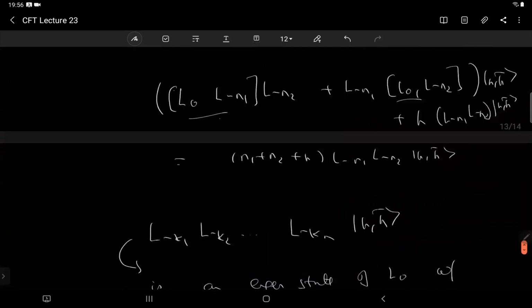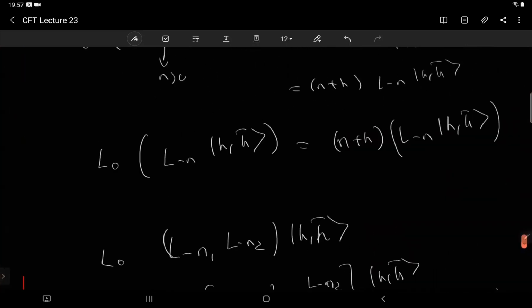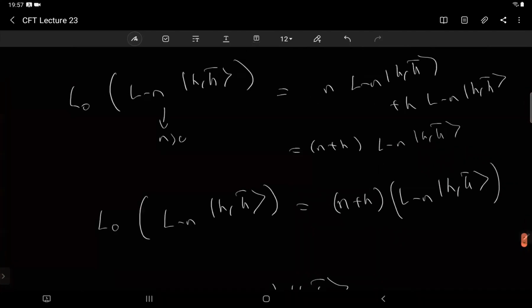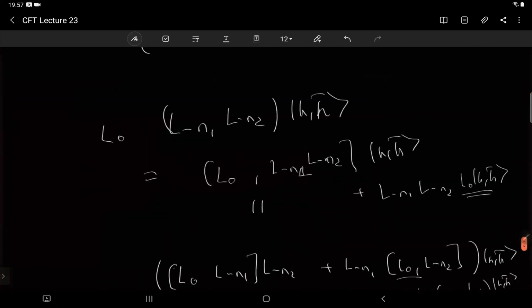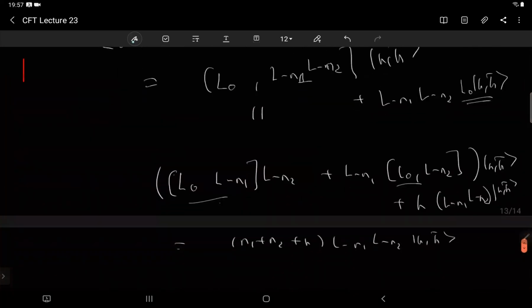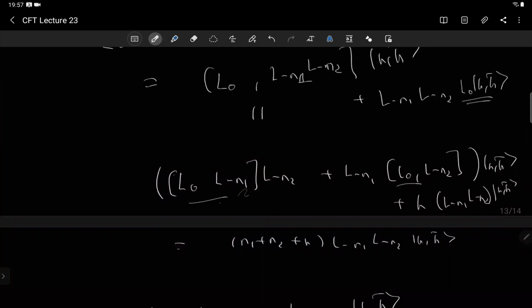Yeah. So after that, what L0 you have? The L0 with L minus n commutator we already saw. So L0, L minus n commutator is just given by n times L minus n. So this commutator L0, L minus n1 will give you n1 times L minus n1, and this term will give you n2 times L minus n2. Just the Virasoro algebra.